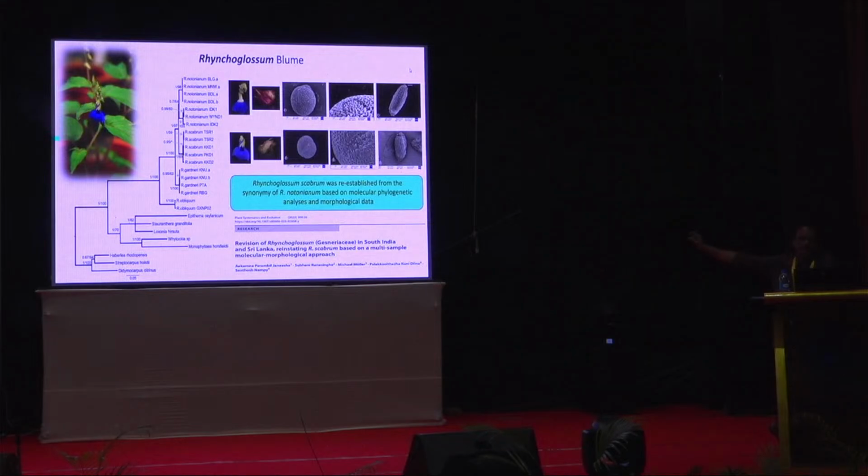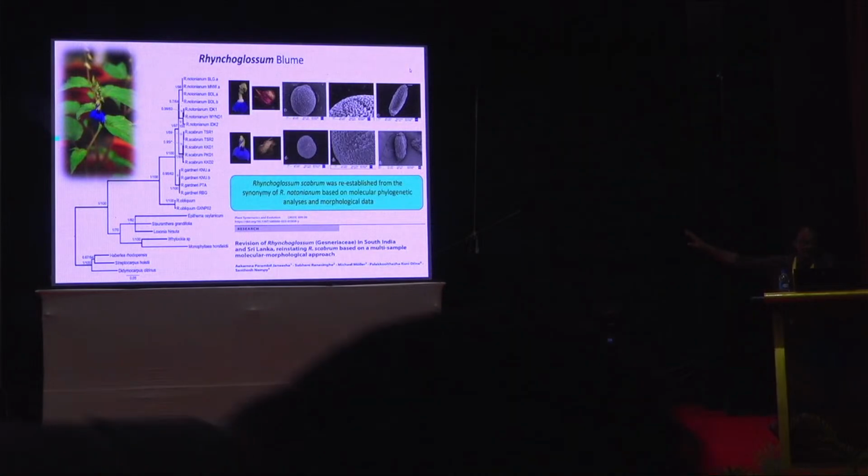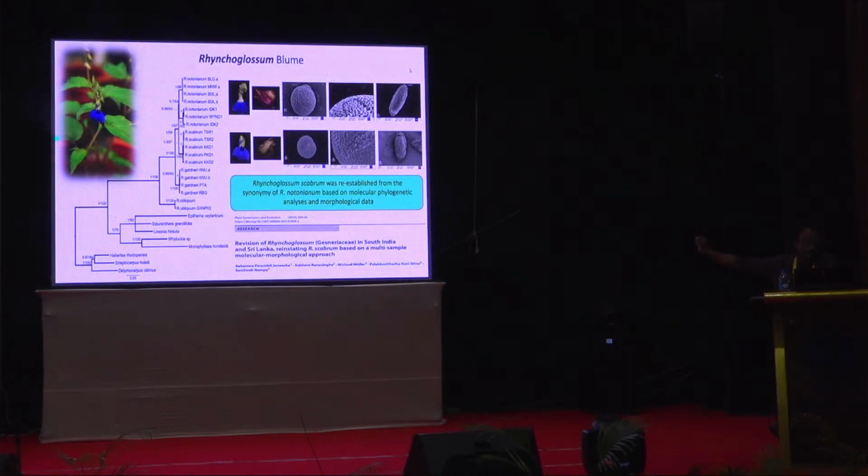So it's only a morphological indication that they may be separate, but in fact Dalzell described the first flower as a separate species called Ringoglossum scabrum, while the other one is described as Ringoglossum nocturnum. But for a long time Ringoglossum scabrum has been placed under the synonymy of Ringoglossum nocturnum.